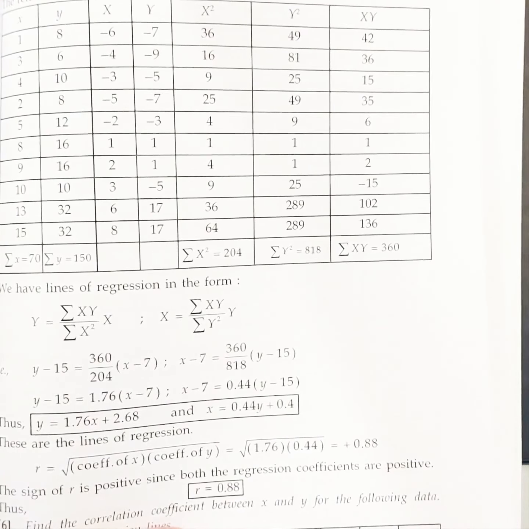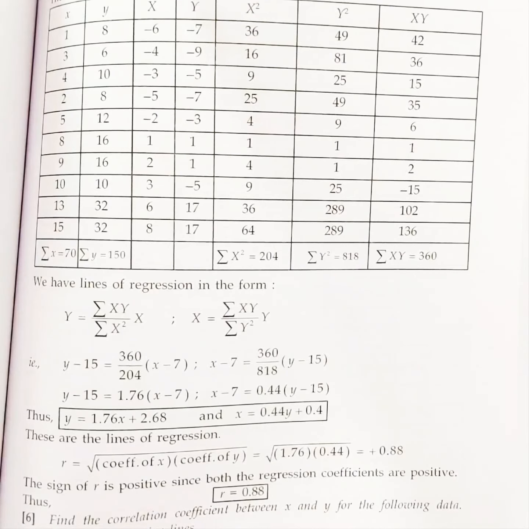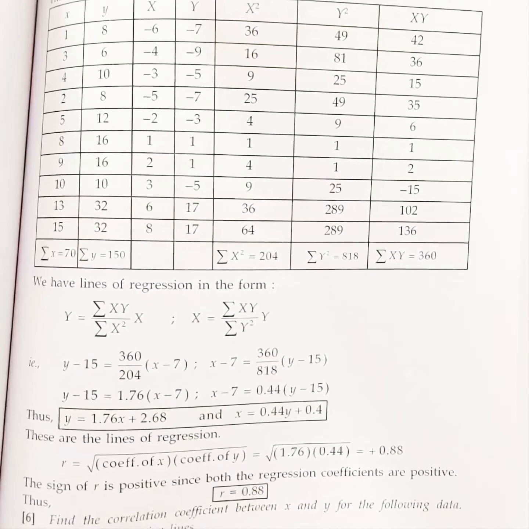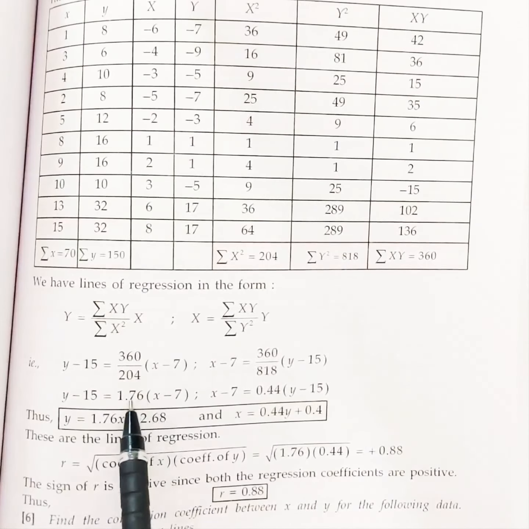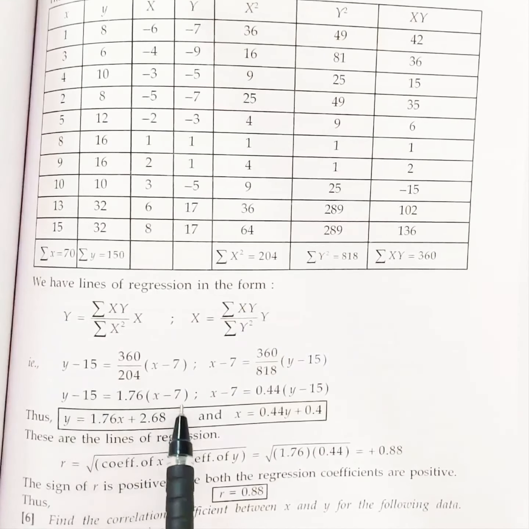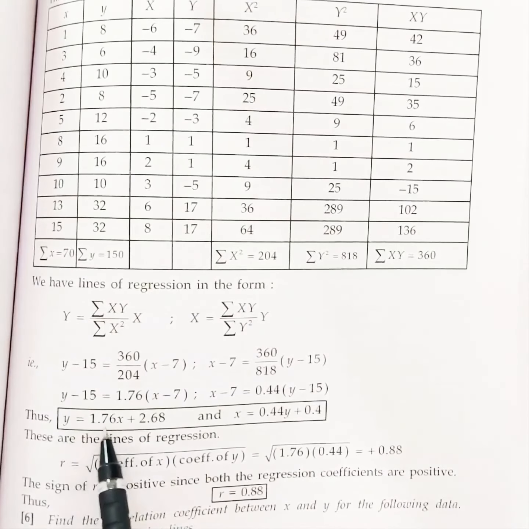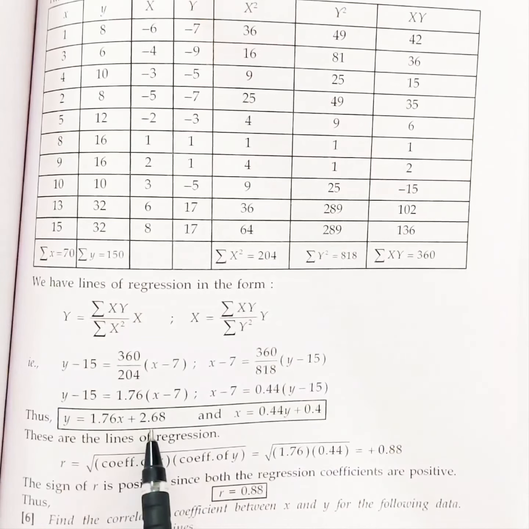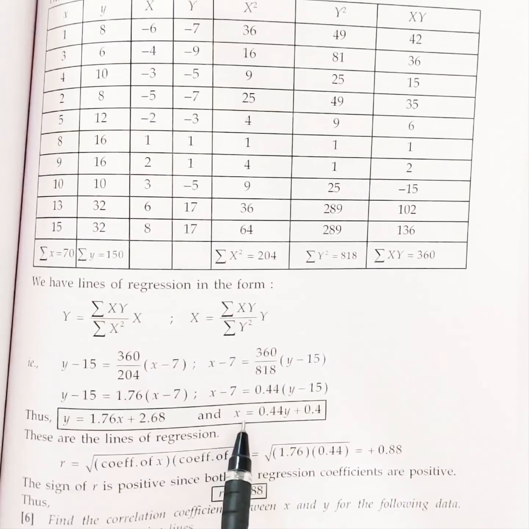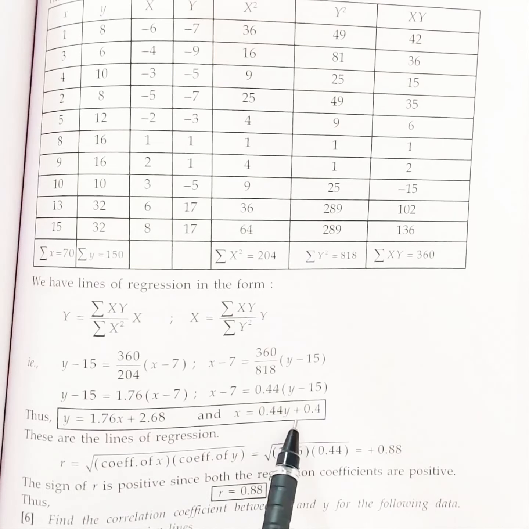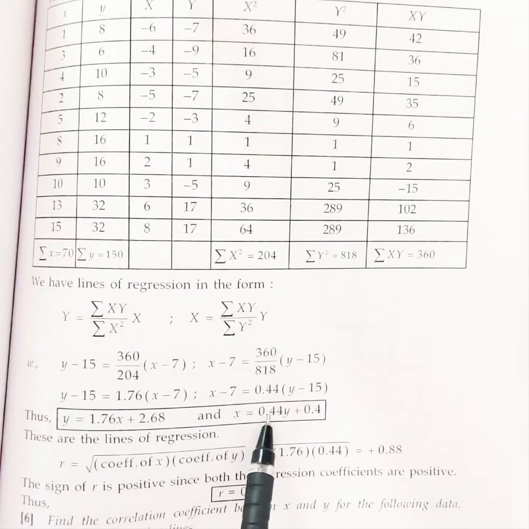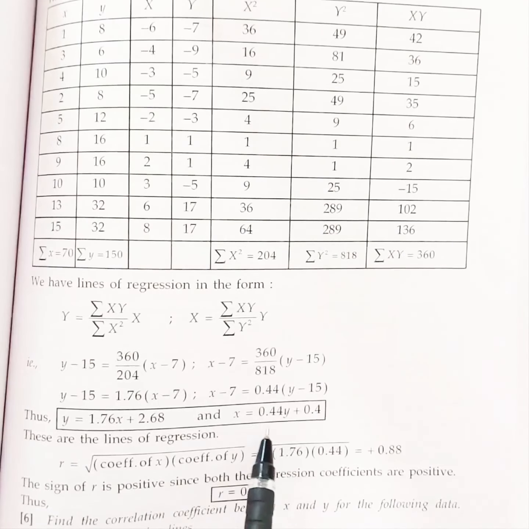Now we have got two regression lines. We have to simplify this, multiply with this, and then take this 15 to the other side. You will get y is equal to 1.76x plus 2.68. Similarly, x is equal to 0.44y plus 0.4. So these are the two lines of regression.